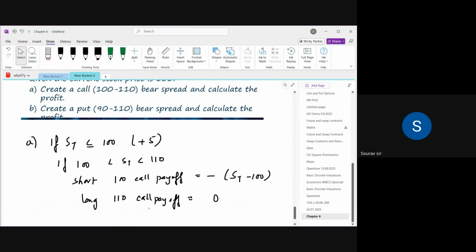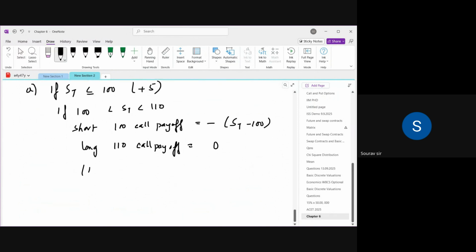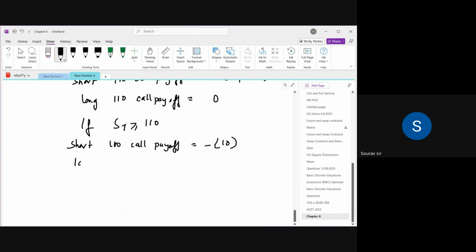So from here you get the net payoff. And if ST is greater than or equal to 110, what is the short 100 call payoff? Minus (ST minus 100), and the long 110 call payoff is plus (ST minus 110).